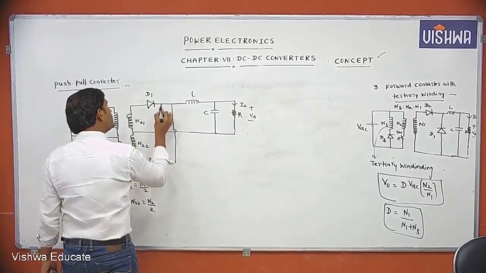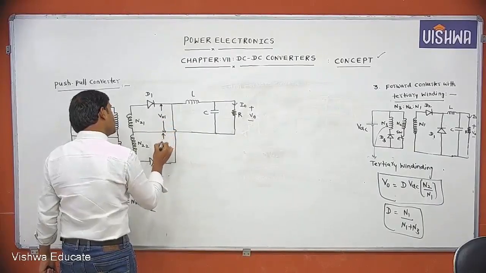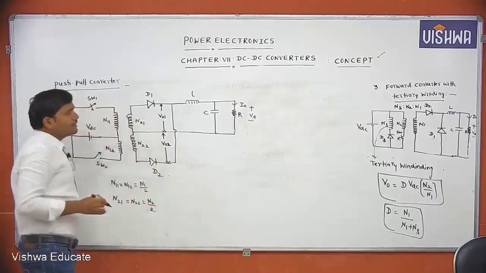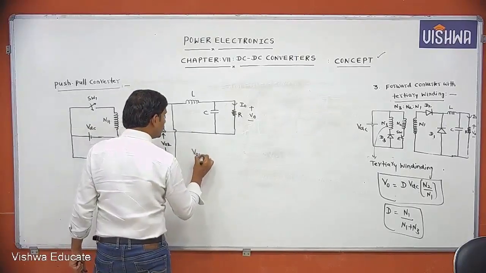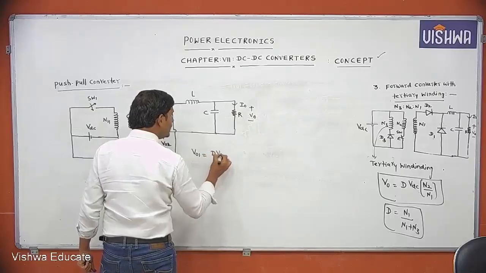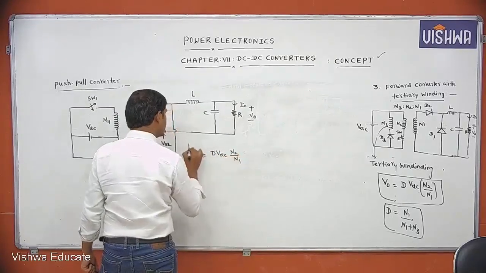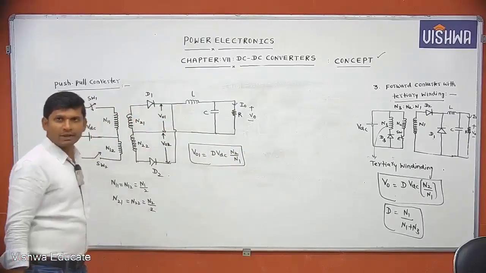This voltage is V01 and this voltage is V0. By analyzing this operation, we can write V01 equal to D into VDC into N2 by N1. It is similar to that of a buck converter.